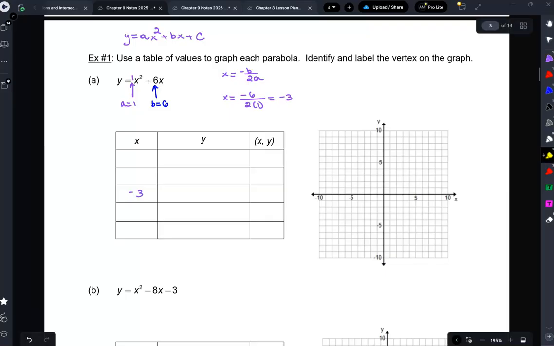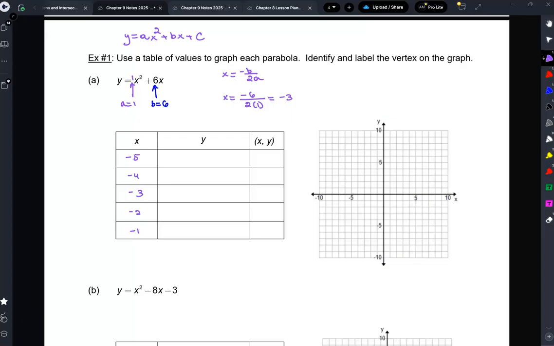Negative 3 is here. What are the 2 numbers to the left of it? Negative 4 and negative 5. So here I put negative 4, negative 5. And then what are the two numbers to the right of it? Negative 2, negative 1. Are we good with this? No math in this part. Just copy down the numbers.